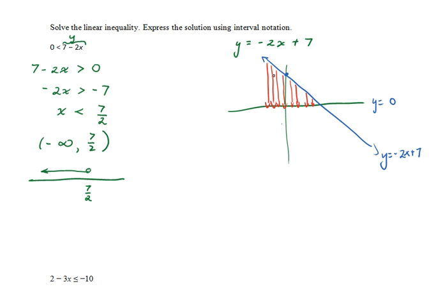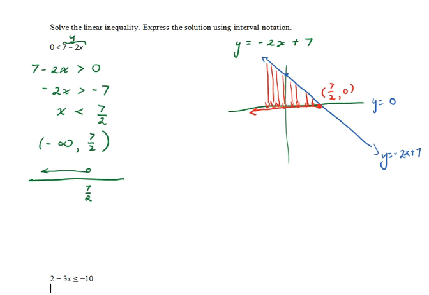And when we check out this intersection point, it is indeed 7 halves, 0. So on the number line, we would have all values from 7 halves to the left.